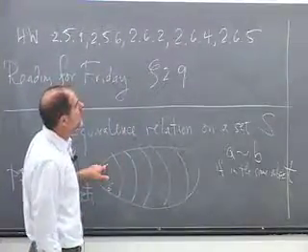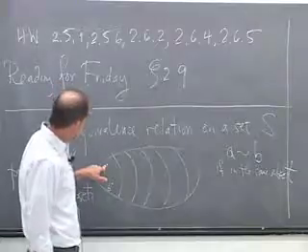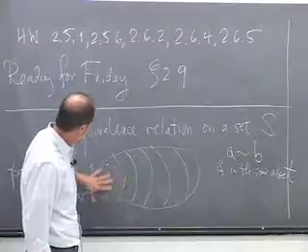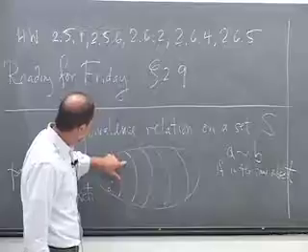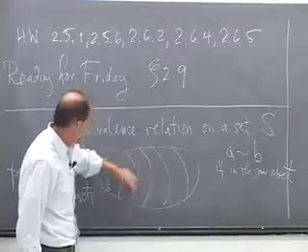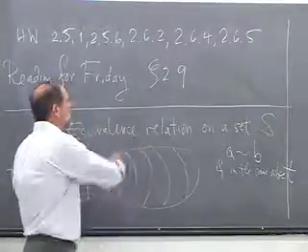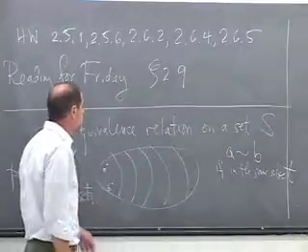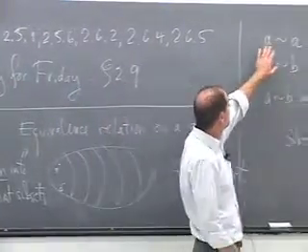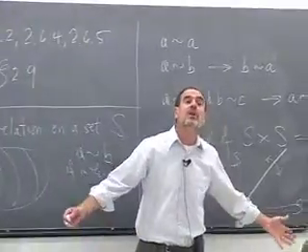So you start with an element in the set A, and you construct a subset of all things equivalent to A. And then you take a new element which is not in that, and you take the subset of all things equivalent to that. And the reason those things are disjoint and cover the set is, first of all, everything's equivalent to itself, so everything's in at least one subset.